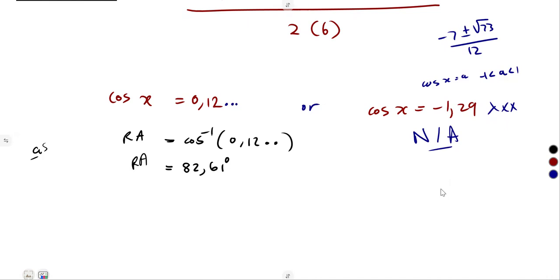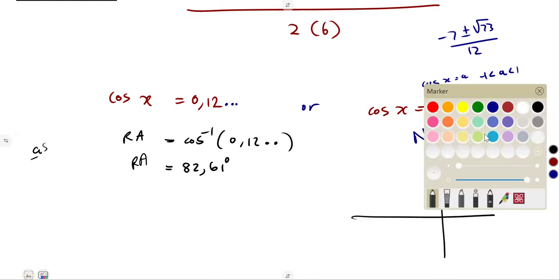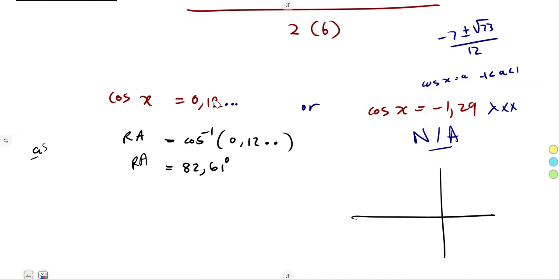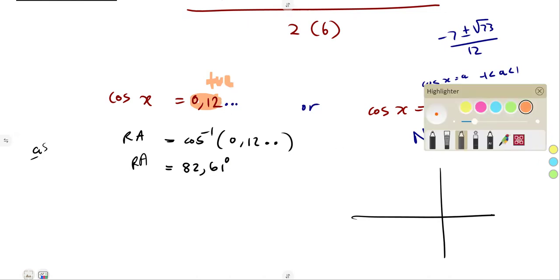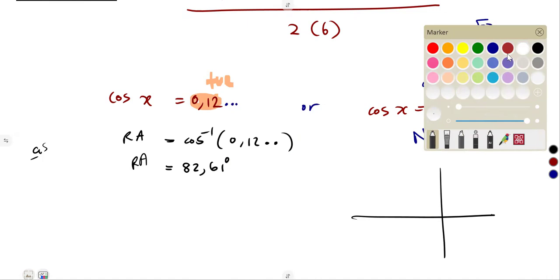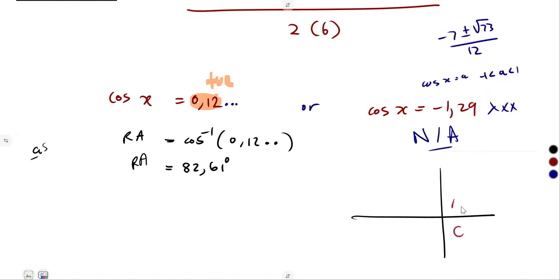What about the solutions? Cos is what? A positive. The value that we are given here is a positive. So if it is a positive, we must consider the quadrants where cos is positive. From our CAST diagram, cos is positive in the first and fourth quadrants. Here we're just going to have our reference angle.